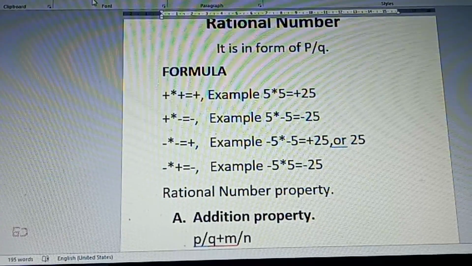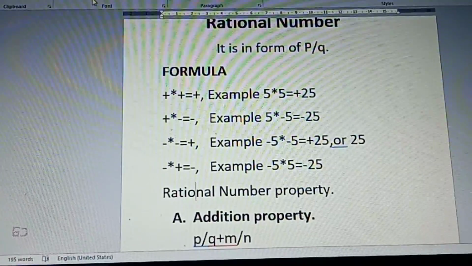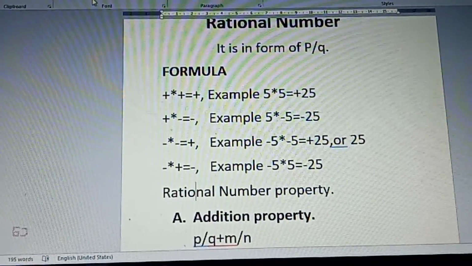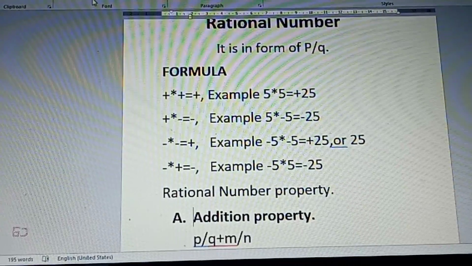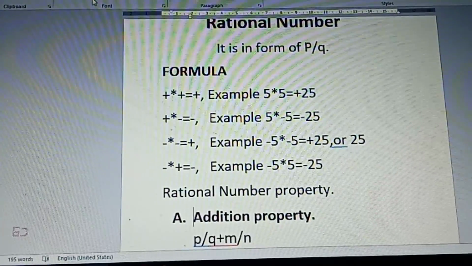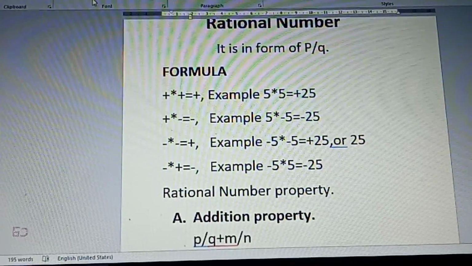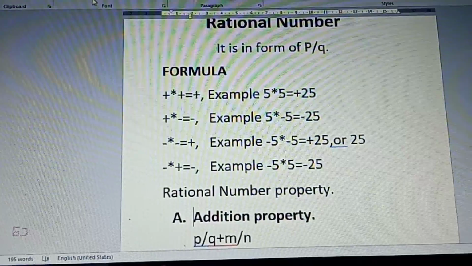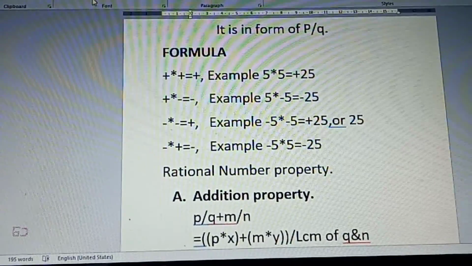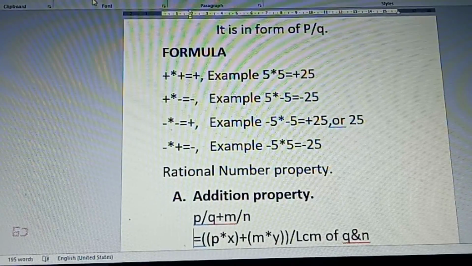How many properties did I discuss yesterday? One is the addition property, another is the subtraction property, the third is the multiplication property, and the fourth is the division property. I am giving you the rational number properties in short terms; you check it.